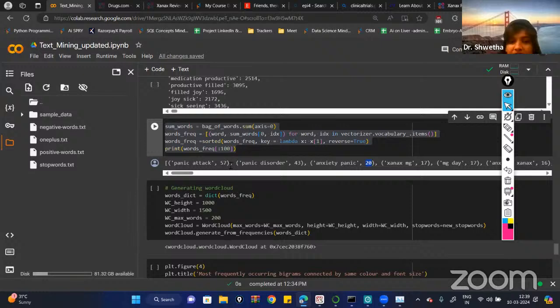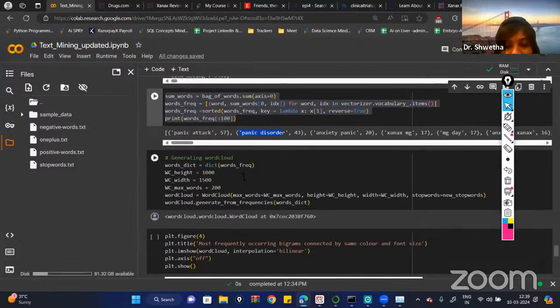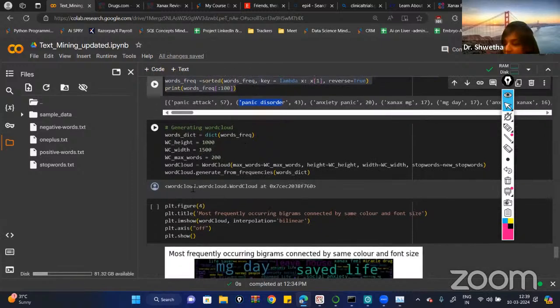Because it is a bigram, we have two words in sequence. After doing all this, we are giving the code to generate the word cloud. Creating the dictionary of the words, then mentioning the height as 1000, width 1500, and the max words which we are using to generate this is 200.